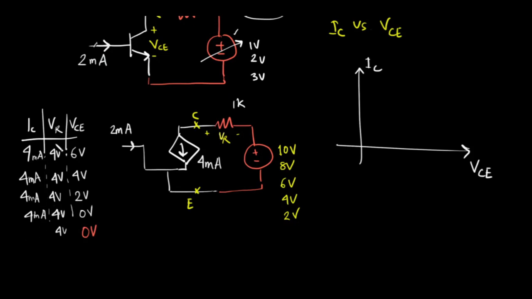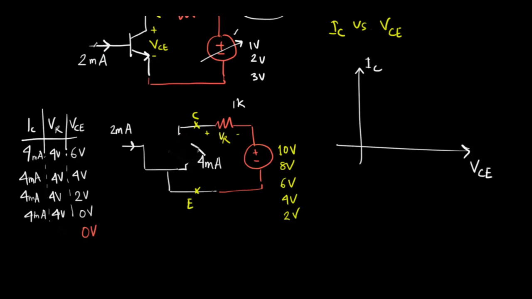Then what will happen to IC and VR? If VCE remains constant at 0 volt, then IC and VR will definitely have to change. So how will we find IC and VR in this case? If VCE is 0 volt, that means C and E have become short circuited.